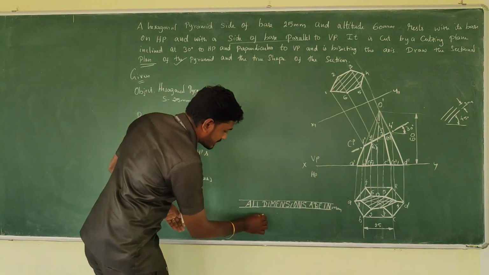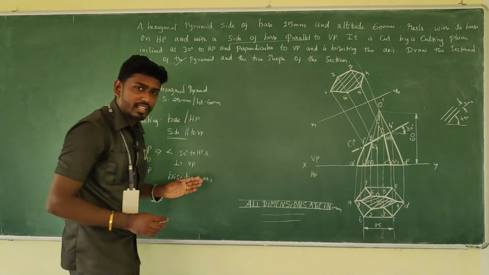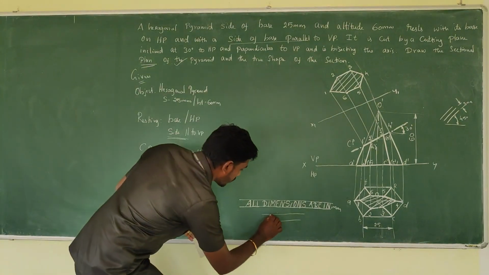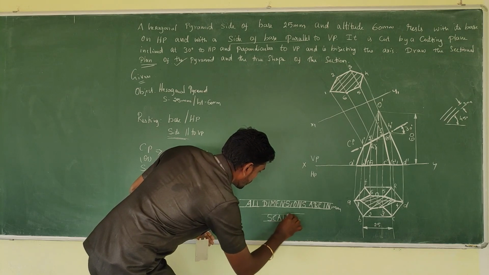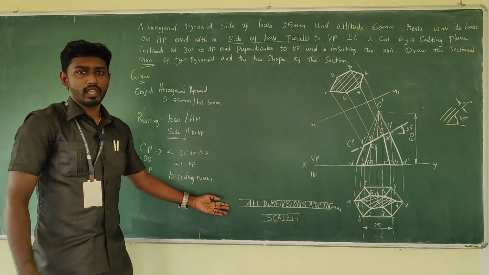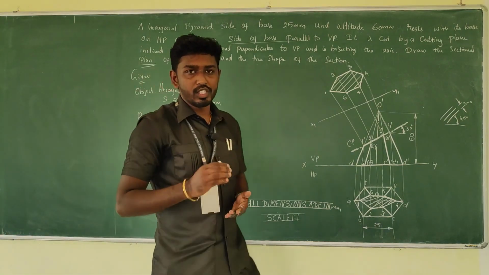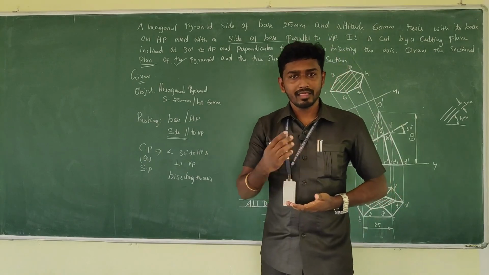Also you can write about the scale. Here we didn't disturb anything, as it is given in the question, we have captured it. So write scale 1:1. It's a true scale. I hope you understood how to work when you have such problems. Thank you so much.